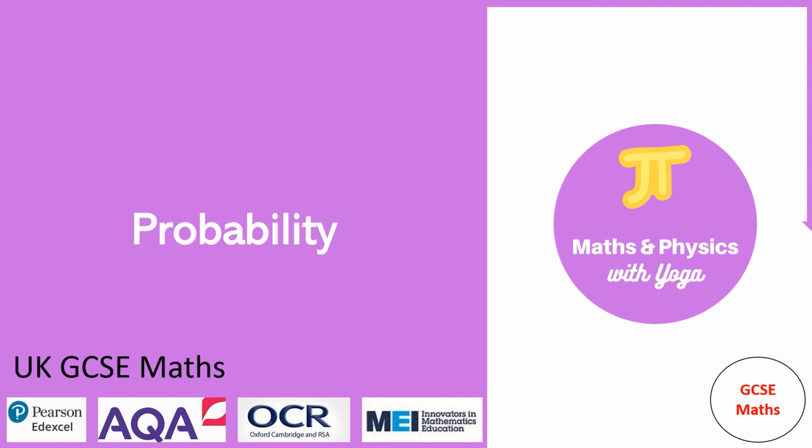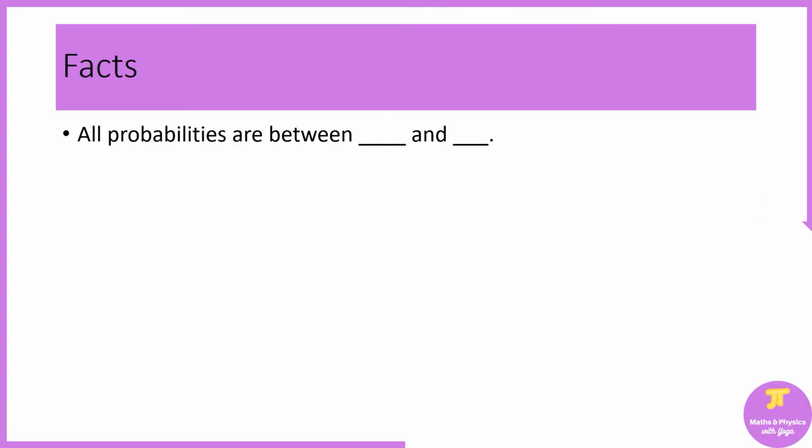In this video, we are going to learn about probability that comes in GCSE maths. So before we start, let's learn a couple of facts. All probabilities are between 0 and 1. There are no events that can have negative probability, or more than one probability.